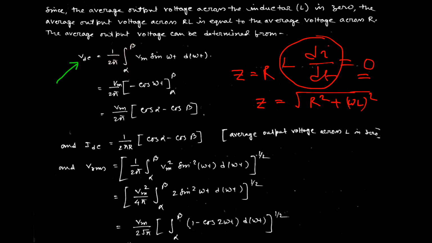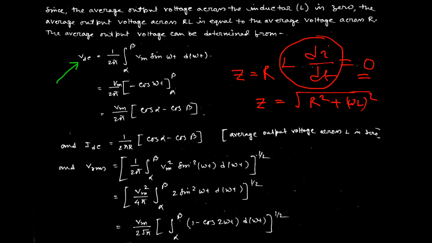And this peak is confined from alpha to beta, right? It starts from alpha and continues to beta. That is why we integrate from alpha to beta, and the voltage expression is taken from the supply voltage, Vm sin omega t dt. This is the complete expression to calculate the average output voltage.